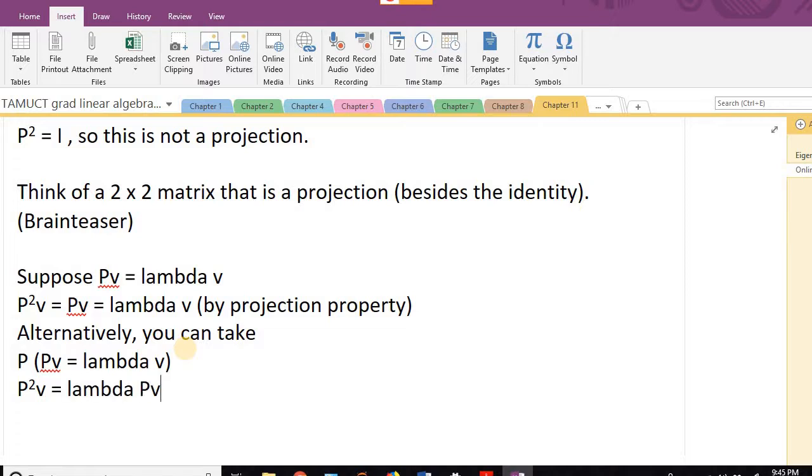Now, can you simplify that? Lambda times PV, yeah, that's right. Because PV is lambda V, so that's lambda squared V. So what do you conclude?